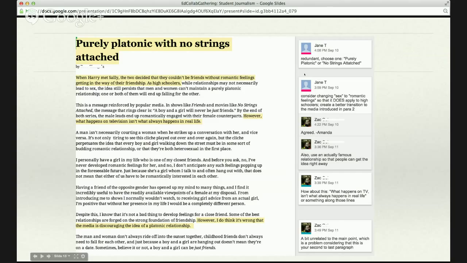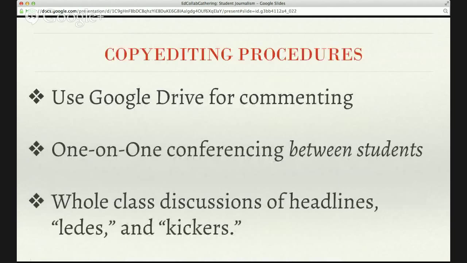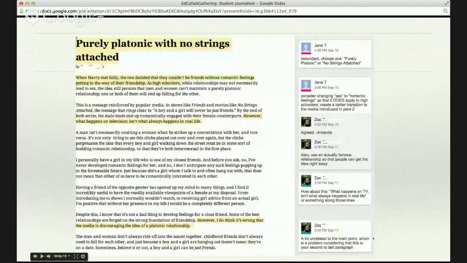So this person is saying that the headline is redundant. Down here, this person is saying that that point is a bit unrelated to the main point, and that's a problem since it's the second to last paragraph. It should reiterate the last point. I mean, these are students, because they have a stake in what gets published, really caring about the finer points of writing.